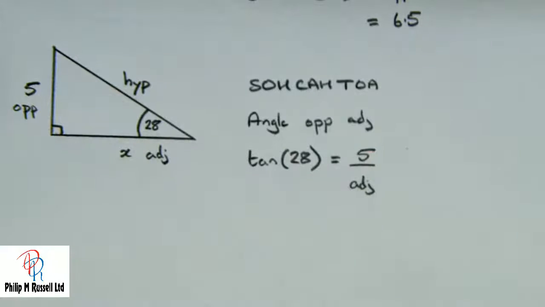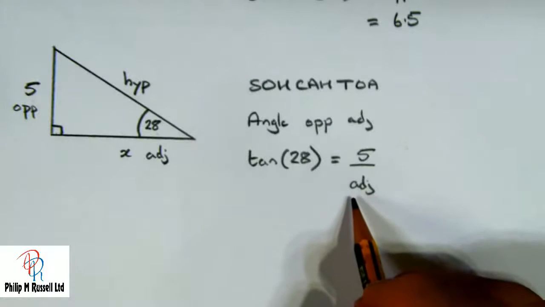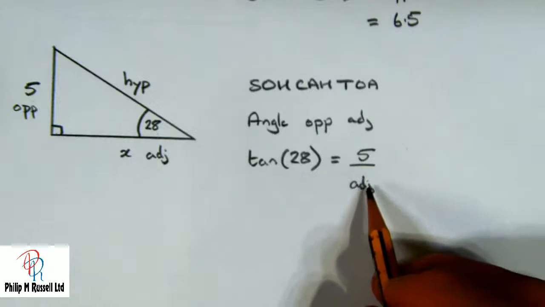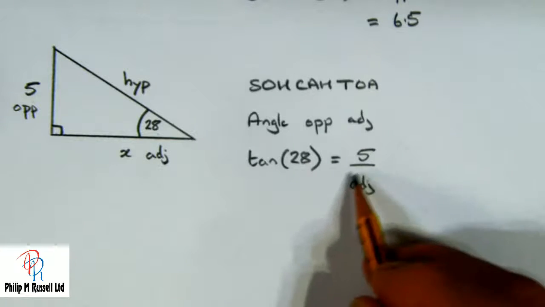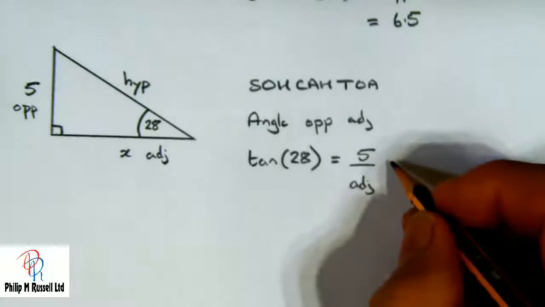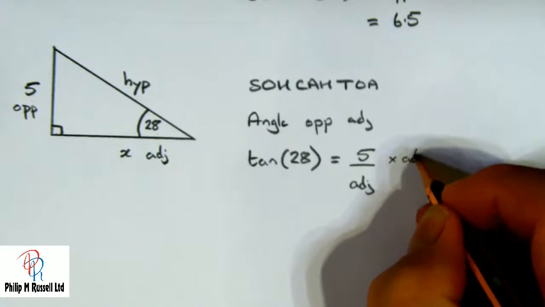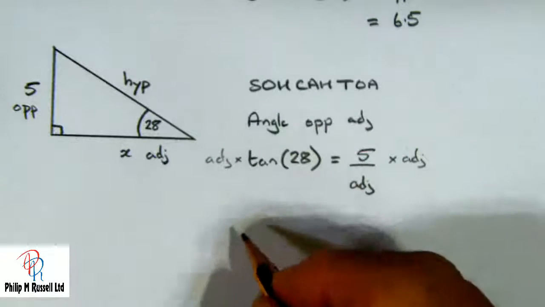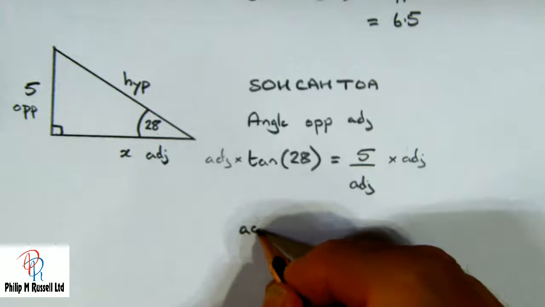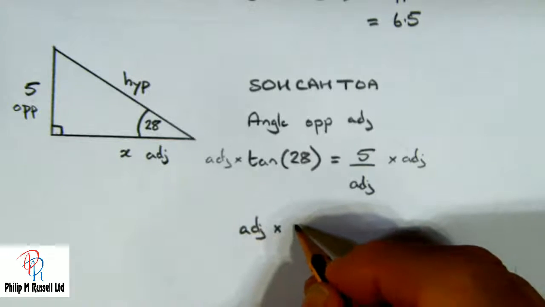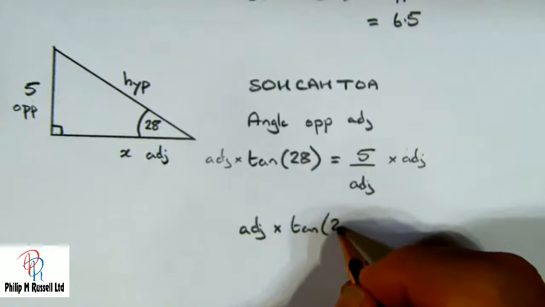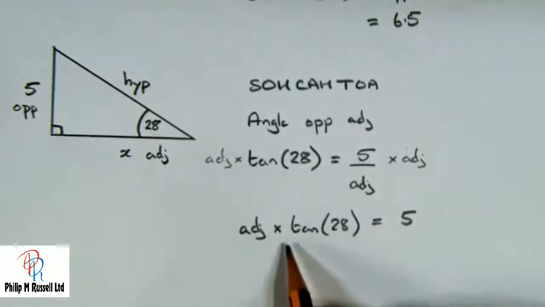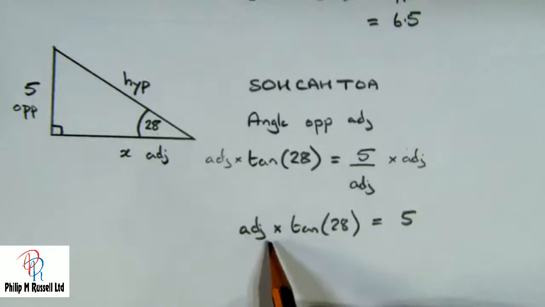And immediately I hit a little problem, because this problem is not the same as the previous ones. So I need to get rid of this adjacent, as we did before, so I could multiply both sides by the adjacent. That gives me the adjacent times the tan of 28 equals 5. Well, that's no help to me because I've got this in the wrong place.